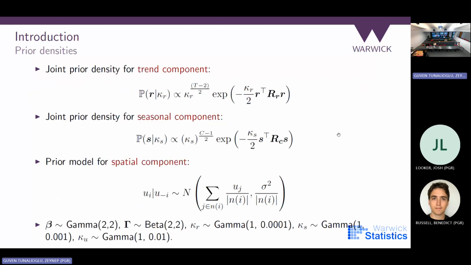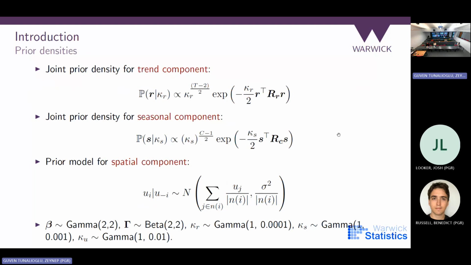So what are the prior models for some of these? For the trend component, which is RT from the previous slides, we assume that to be a second order random walk. There is a precision parameter for this random walk.